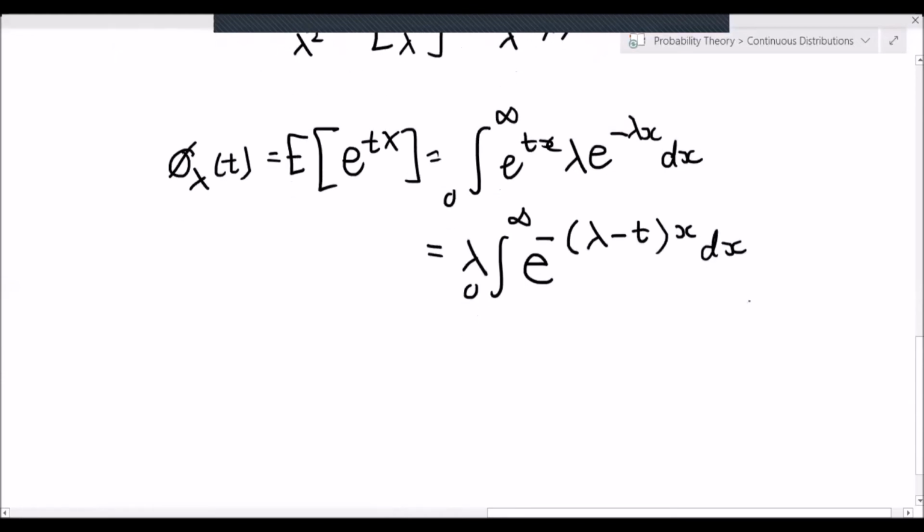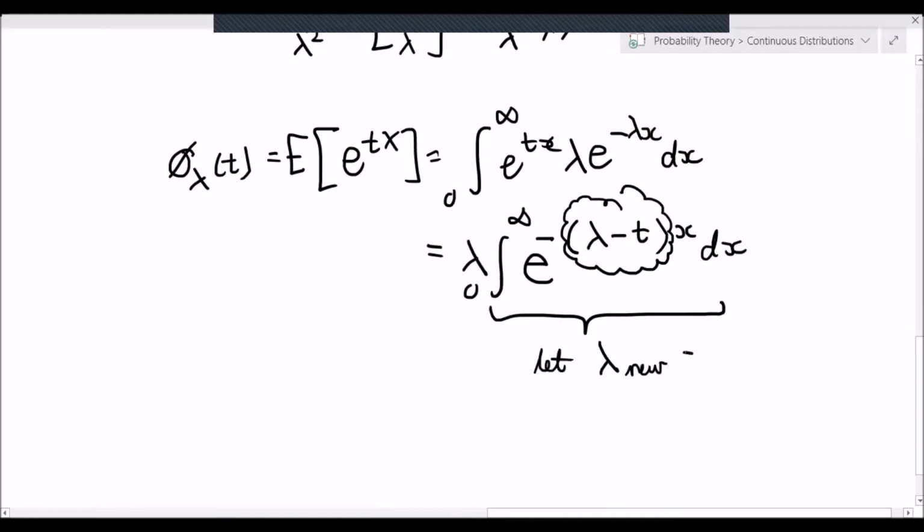Notice that here something looks awfully familiar, doesn't it? You have a lambda in this exponent part here, because you have lambda minus t, but let's call this lambda nu. Let lambda nu equal lambda minus t.